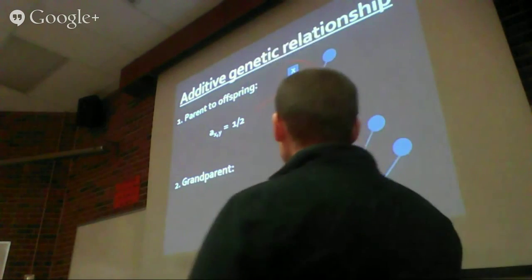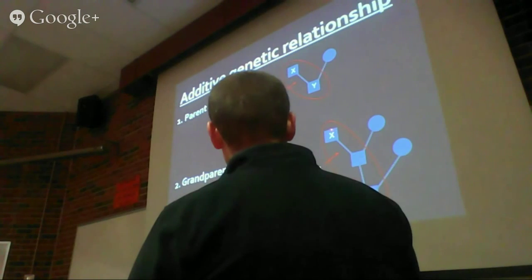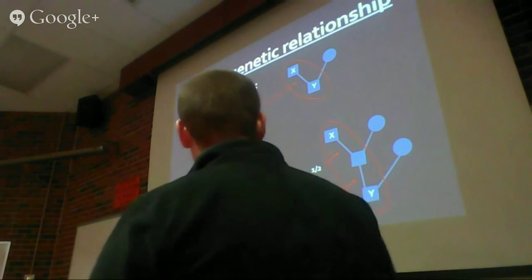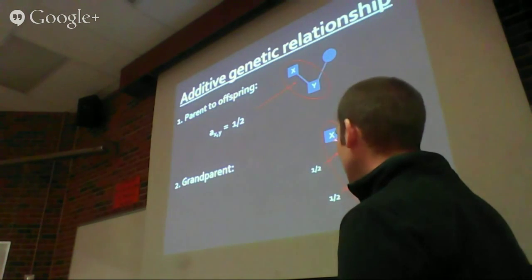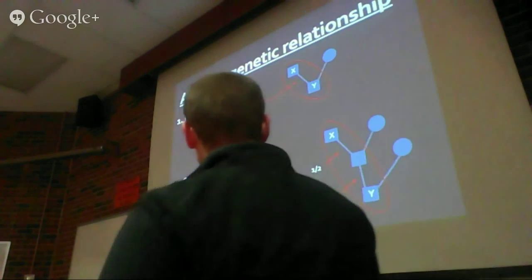So go one more generation. We're going to look at the relationship between X and Y, a grandparent and progeny. We have 1/2 between this individual and this individual, 1/2 between these two.